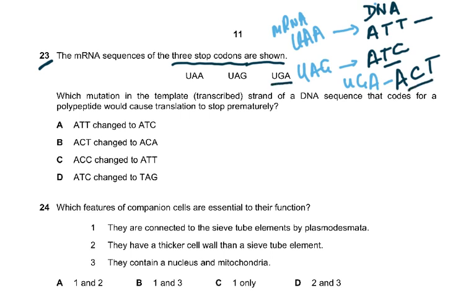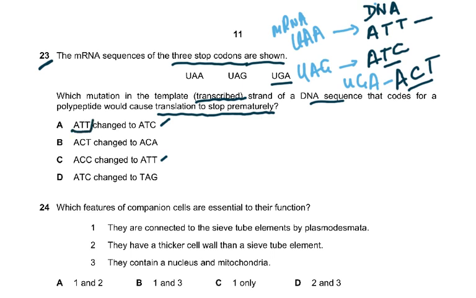Now, which mutation in the template strand, the transcribed strand of a DNA sequence that codes for a polypeptide, would cause translation to stop prematurely? So you've got ATT, ATC. So here is an ATC and here is an ATT. Now, why is the answer A wrong?